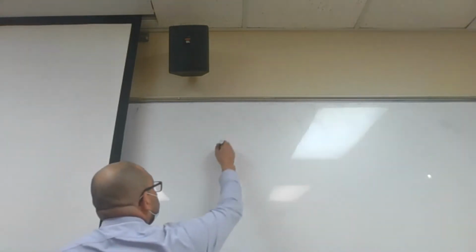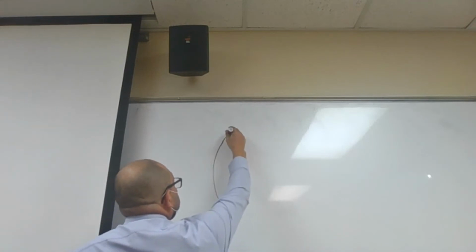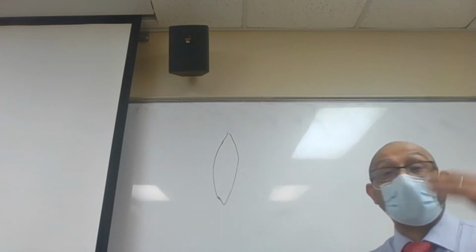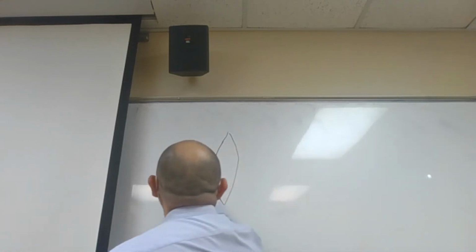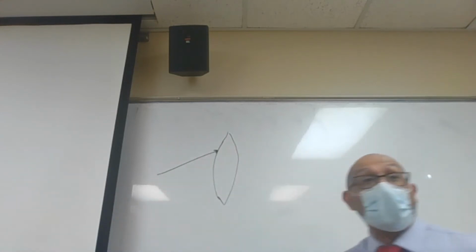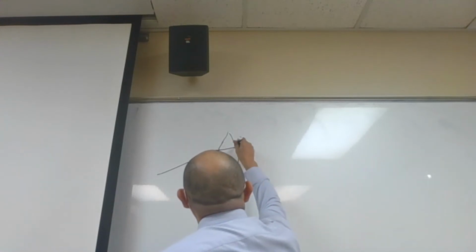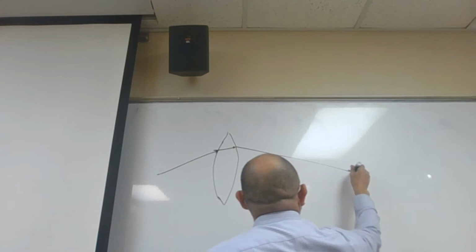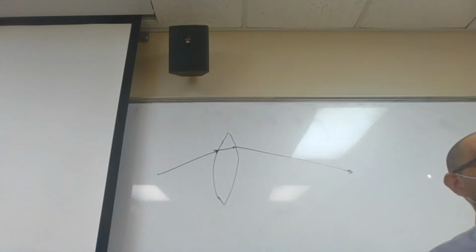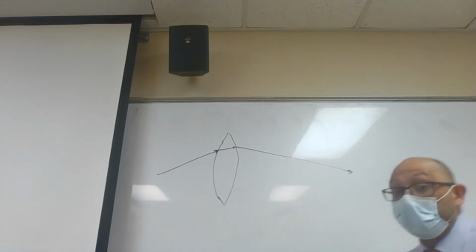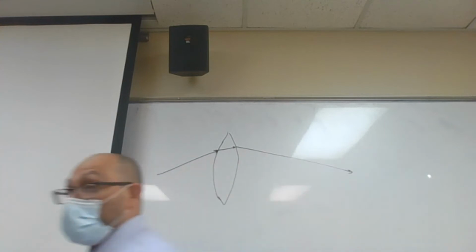So imagine a lens kind of like this. You're gonna have rays of light going into one side, kind of like a prism, and you're gonna have refraction on one end, and you're gonna have refraction on the other end. Okay, and if the conditions are correct, you create an image.